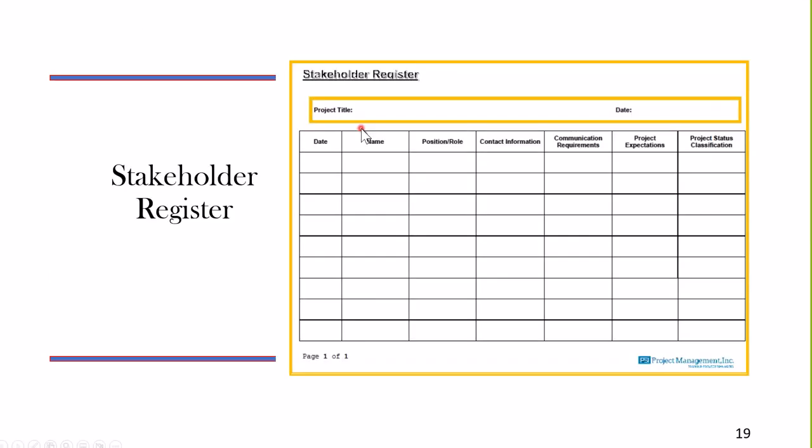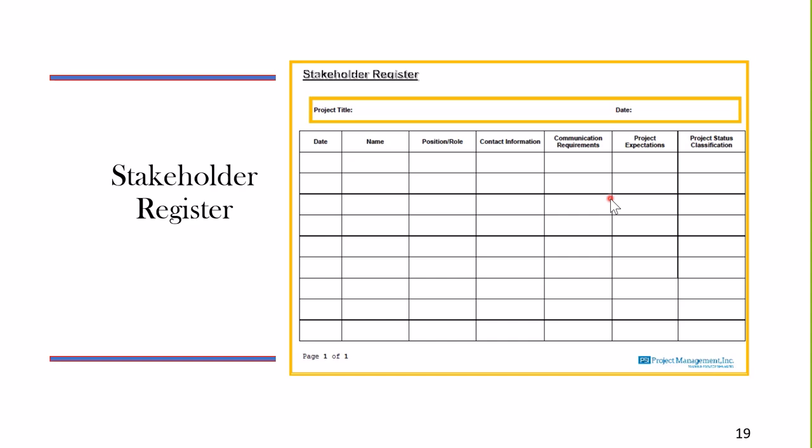Next, this is what a stakeholder register might look like. And you can see it's very high level: name, position, role, contact information, communication requirements, project expectations, and project status classifications. Again, we want to understand, and we'll dig deeper into these stakeholders as we progress through the project so that we can make sure that we keep them engaged.